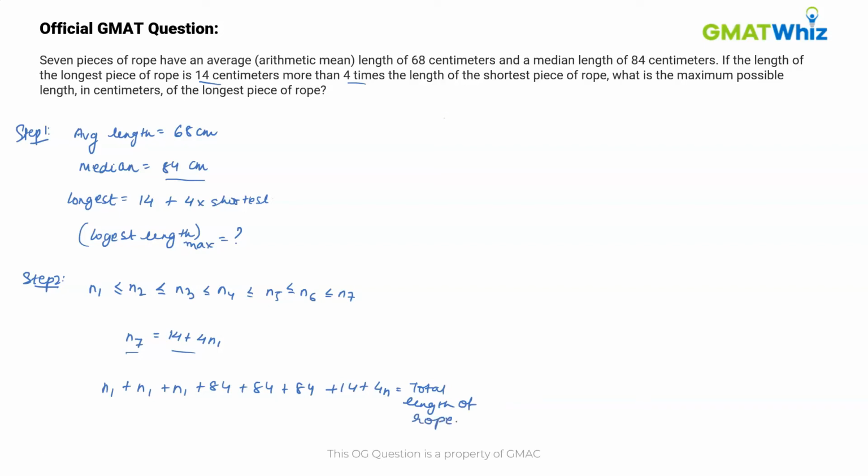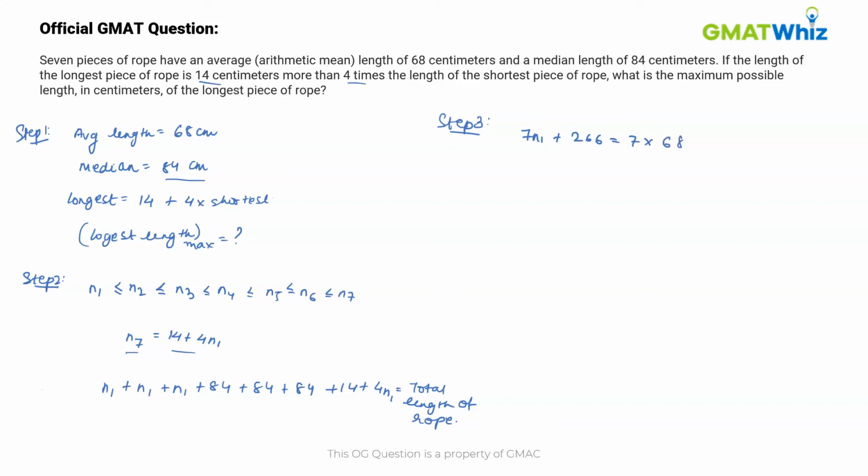Keeping this in mind, we move on to step 3 and calculate the maximum possible value of the longest rope. Using the equation we have written in step 2, when we solve it, we get 7 times n1 plus 266 equals 7 into 68 centimeters.